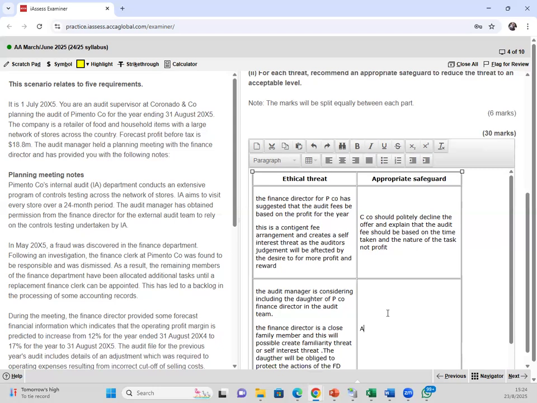So the daughter must not be included in the audit team, as the threat is significant.